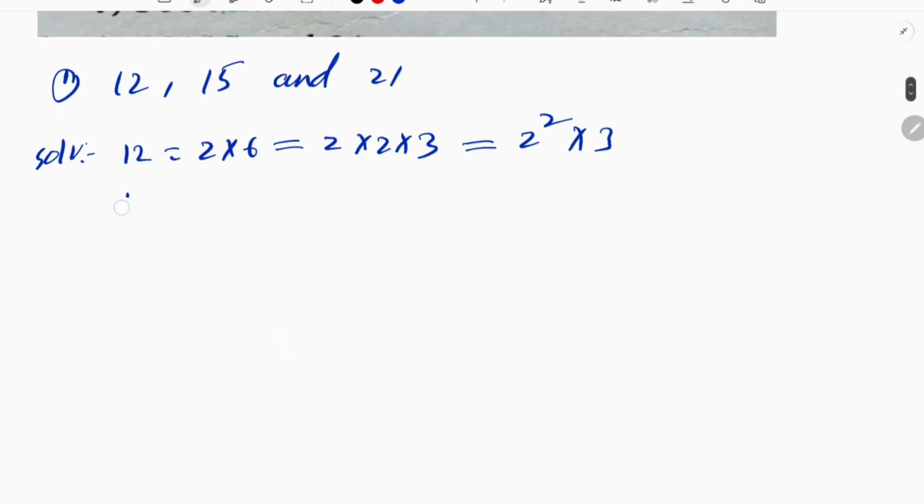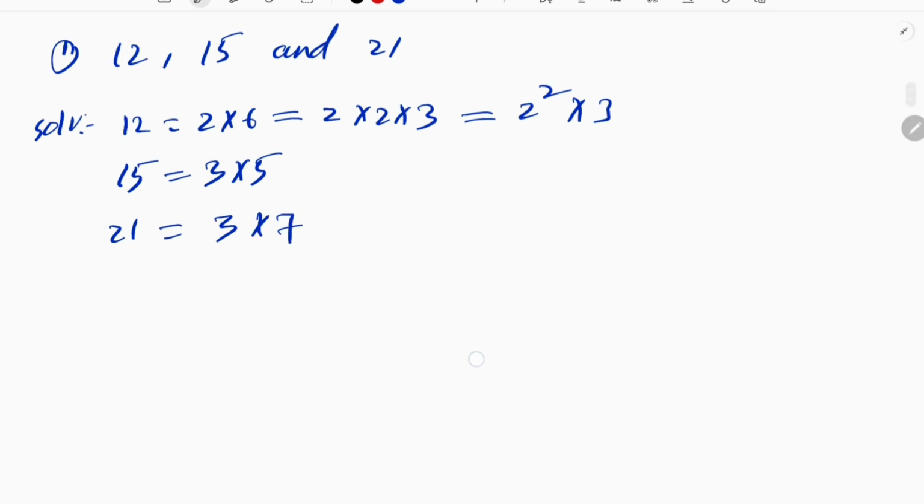Next number is 15. 15 is equal to 3 into 5, because 3 and 5 are both prime numbers. Next number is 21. 21 we can write as 3 into 7.